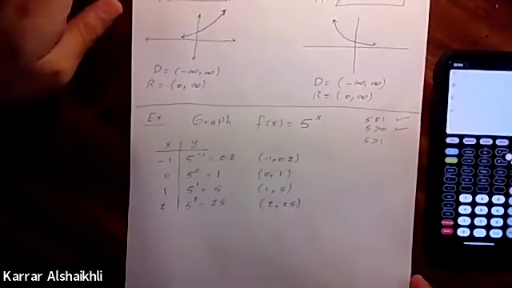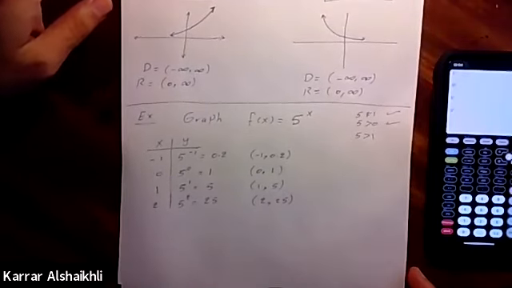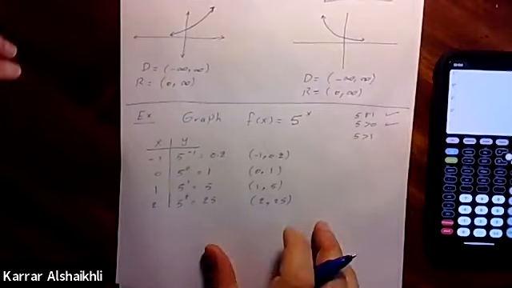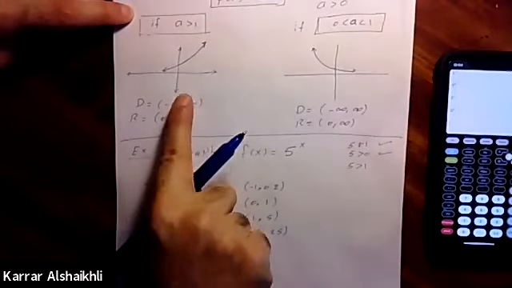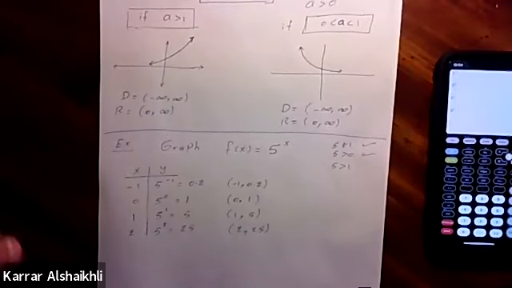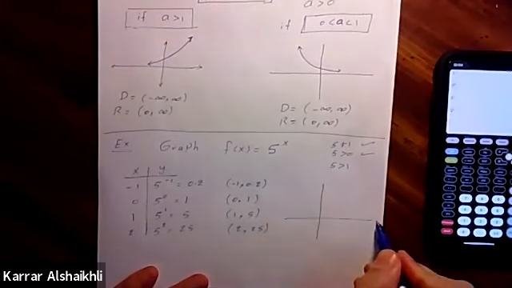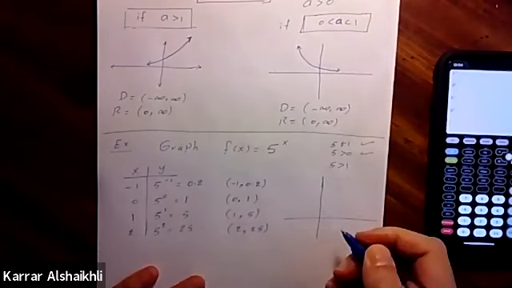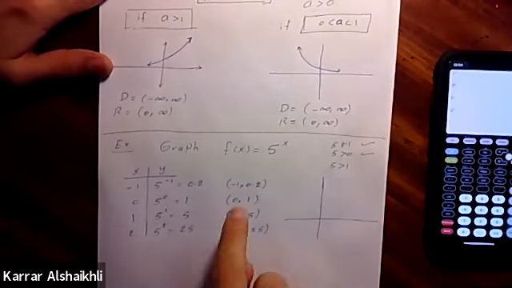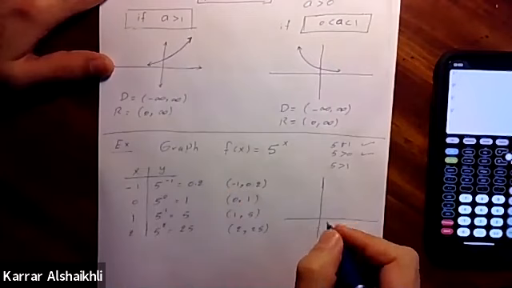Now we're just going to graph it. It's not going to be that much hard. So you will see our graph is supposed to be similar to this one. The first point is -1 and 0.2.